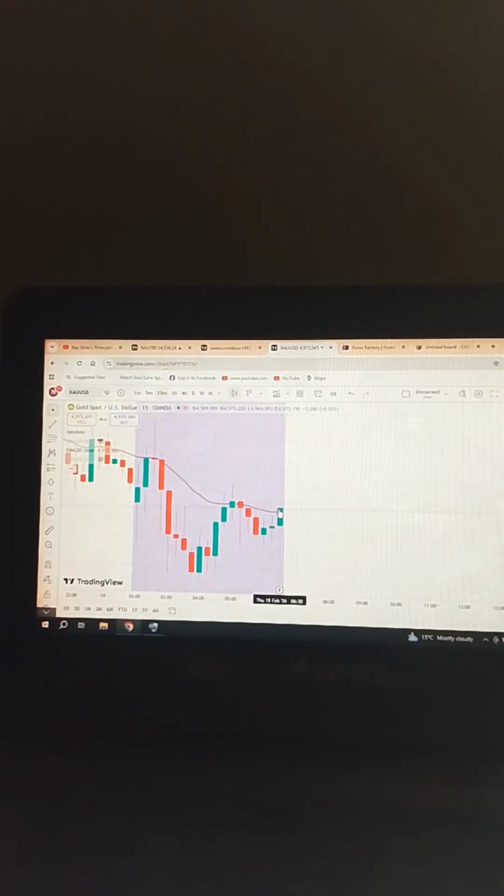You can see now it has confirmed my entry, but I need to wait for this candle to close first so that I can enter. I just need the dip to be above the 13 MA. So let's wait and then we can enter together.